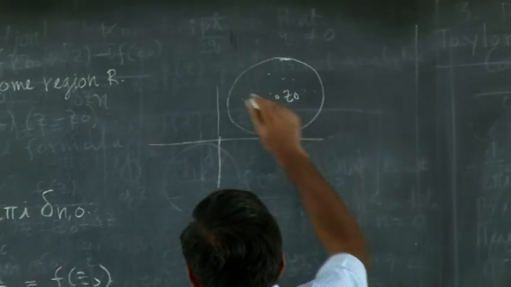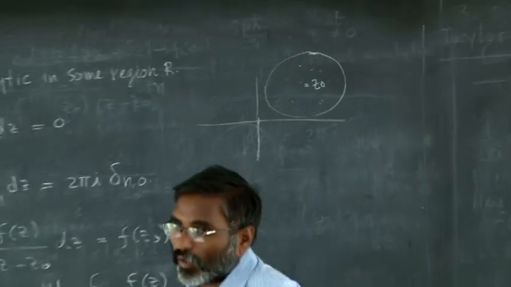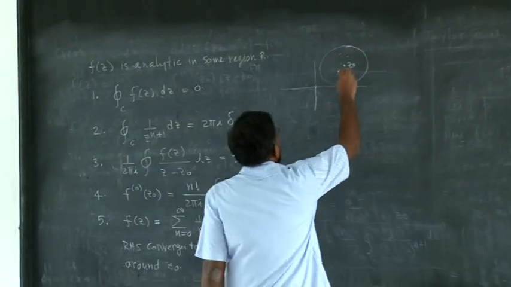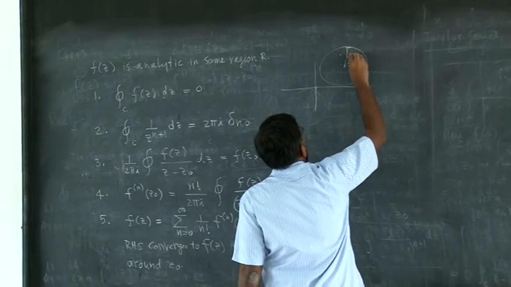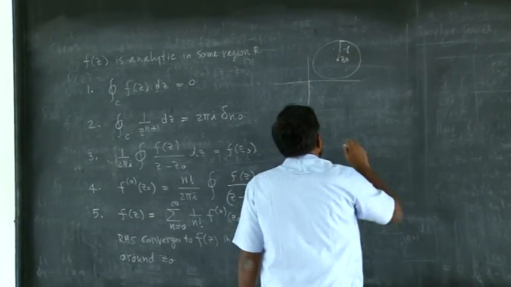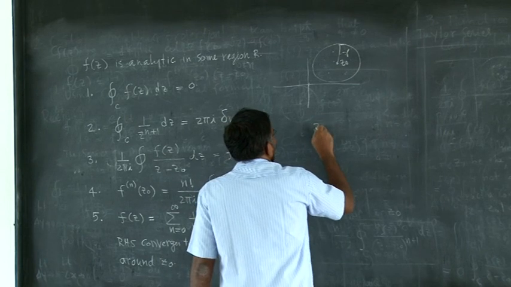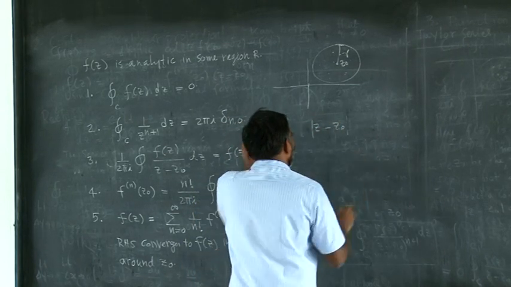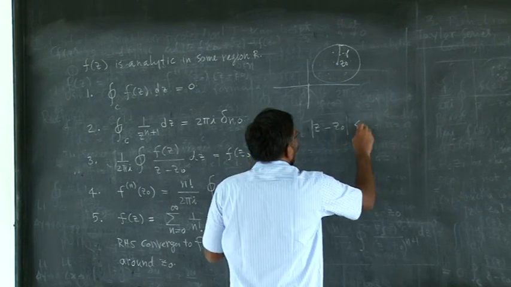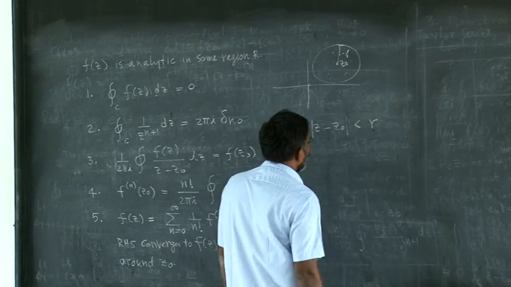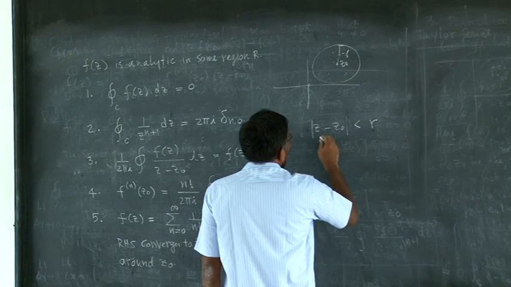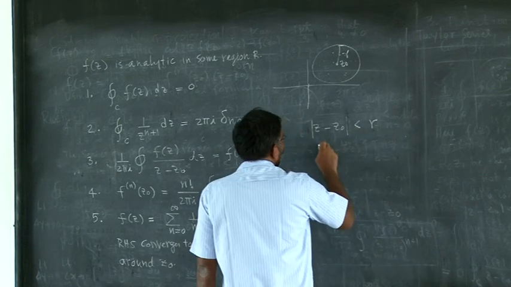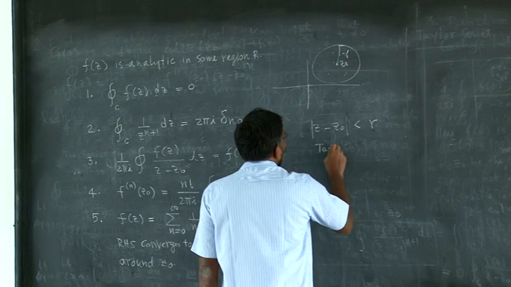That means there exists some radius r such that z minus z naught less than r, the Taylor series converges.